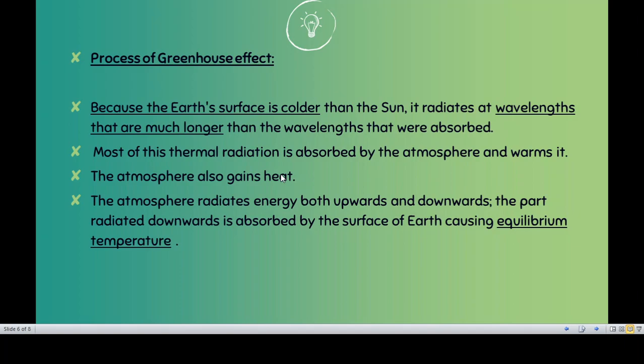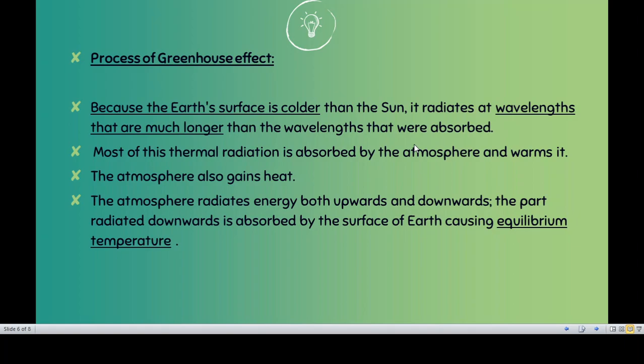Now, when this enters the earth's surface, it can cause two major effects. You know the part that is called wavelength. We studied this part in physics. If it has a longer wavelength, it will be absorbed more.